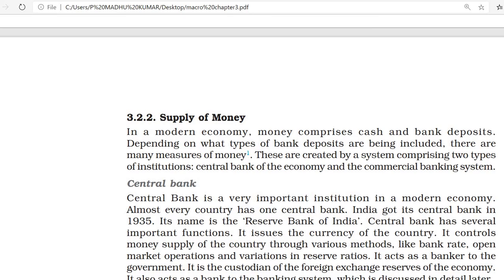The Reserve Bank of India was established on 1st April 1935 as per the RBI Act of 1934. After independence, the RBI was nationalized by the government on 1st January 1949.